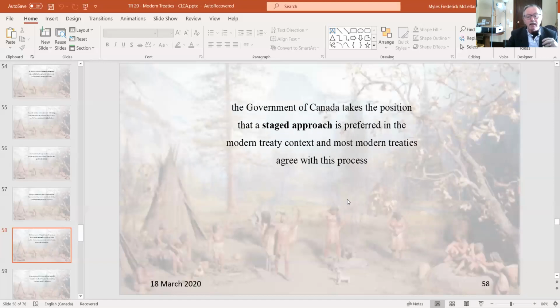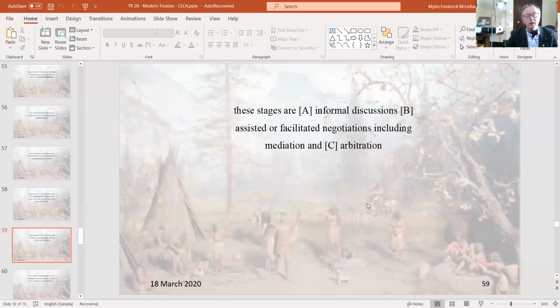The government of Canada takes a position that a staged approach is preferred: let's start with the simplest process, which is informal discussions, and move to a facilitated negotiation. And then lastly, if necessary, to an arbitration, which is very much like a court process.